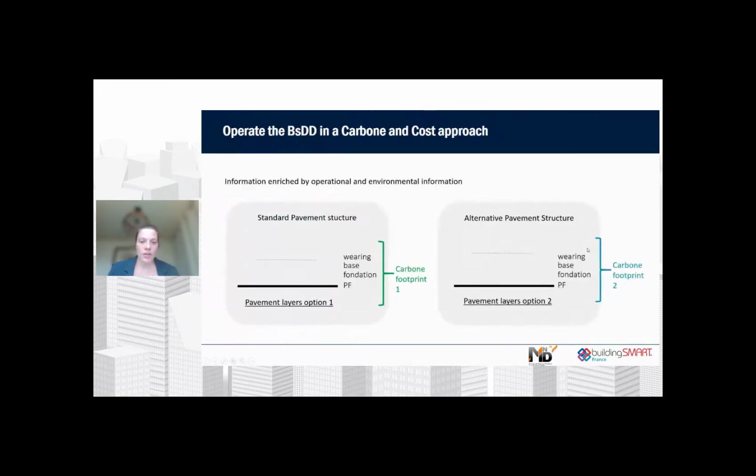So what I'm going to show you is that, in the same idea as before, you can have some tool to help the decision, to compare, for example, a pavement layer option 1 and a pavement layer option 2 with two different carbon footprints, and you want to add this information in your structure BSDD.